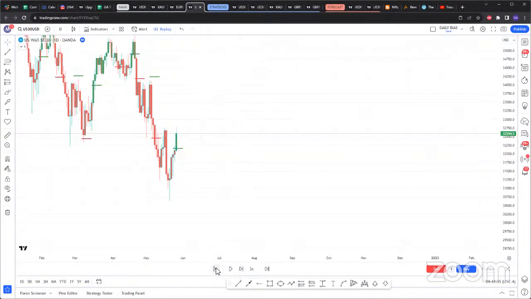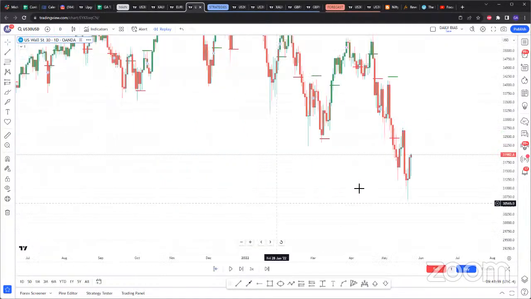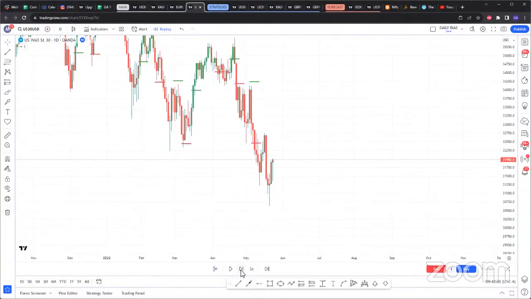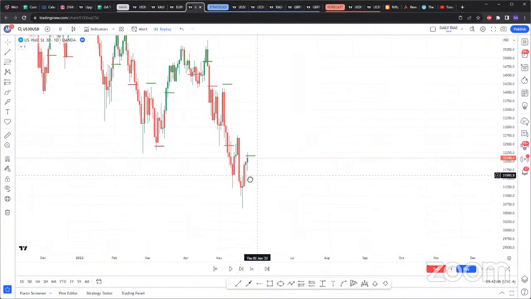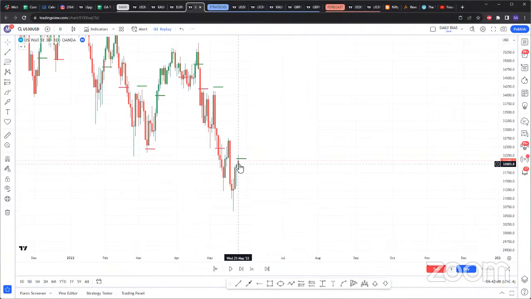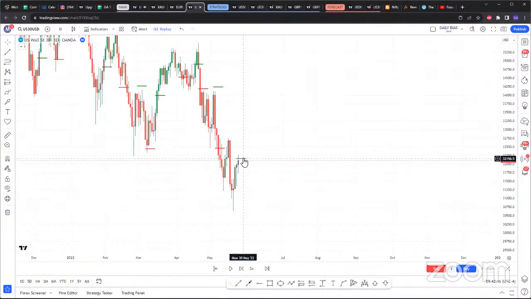Okay, there's one thing I want to show you guys right here. So in this instance, let's see if it goes, there's the green candle right there. So the daily candle on 25th May is the one that created this green candle. So keep in mind, when you get this, you can start thinking of switching your bias.